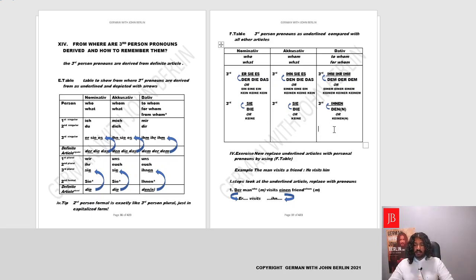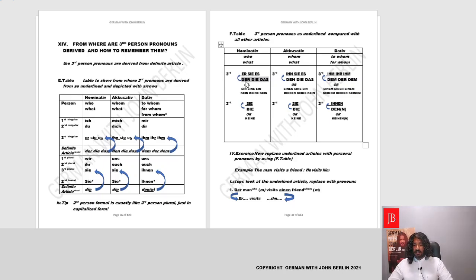Why do we do this? Now, the idea is, if you can remember the definite article, der, die, das, den, die, das, dem, der, dem, den with an extra n, automatically you'll be able to remember your third person pronouns. Yes, so this is the trick to remember your third person pronouns, that you remember your definite article.